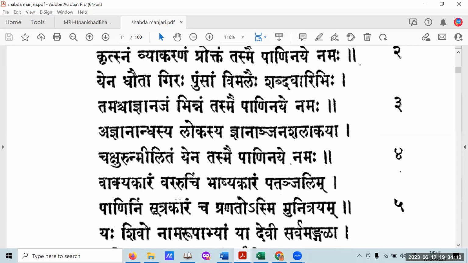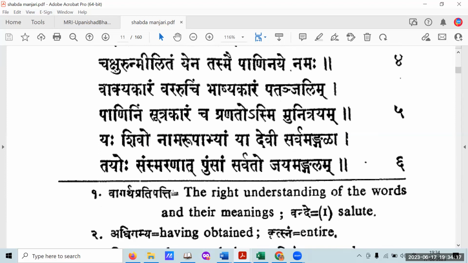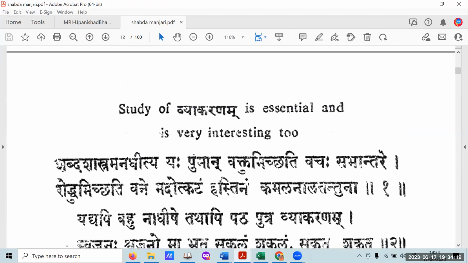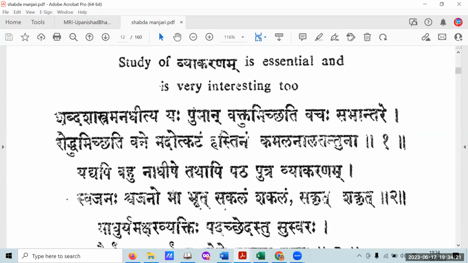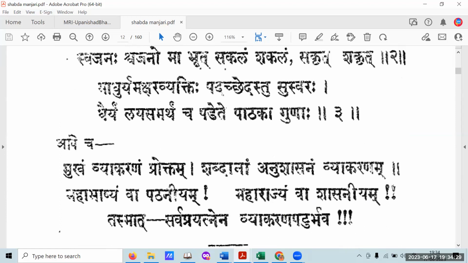So you can find so many such words like this, which will show you how these kta pratyayas are always useful to us. Trying to see if there's something else here. No, nothing else here. See here, mukham vyakaranam proktam. Proktam again. And here you see aniyam, shasaniyam, pathaniyam.